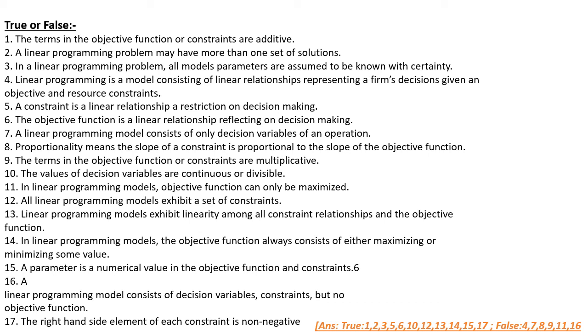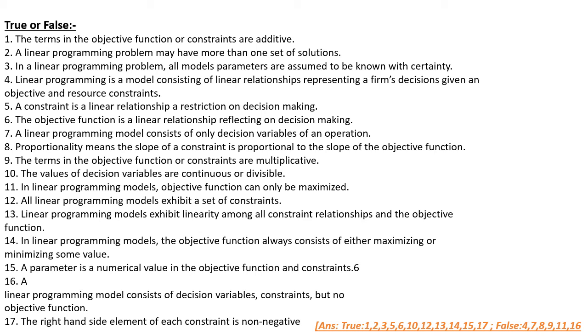A linear programming model consists of only decision variable of an operation. False. Proportionality means the slope of a constraint is proportional to the slope of an objective function. Answer false. The term in the objective function or constraint are multiplicative. False.